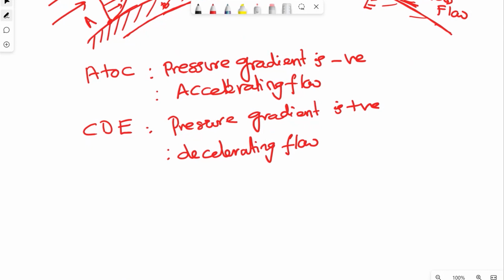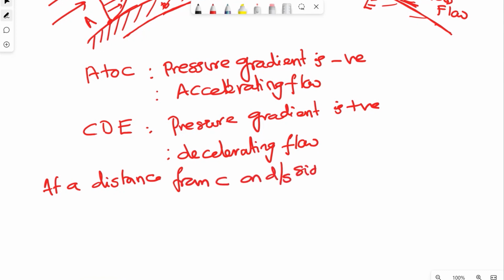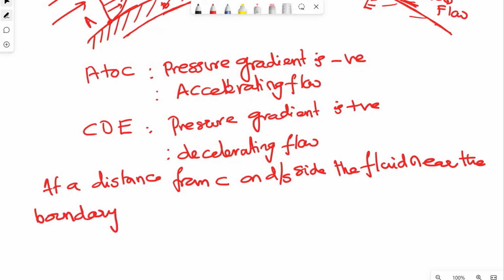If I see this slowly, at a distance from C on the downstream side towards DE, the fluid near the boundary surface is brought to rest.